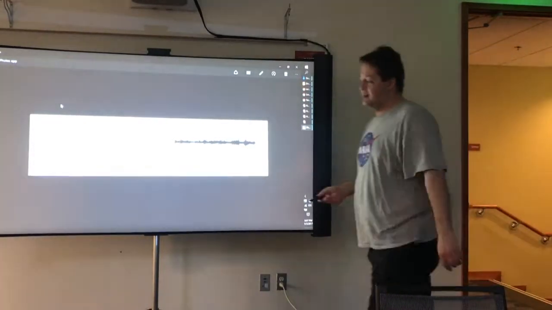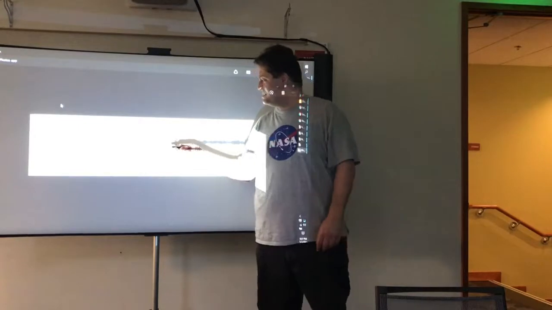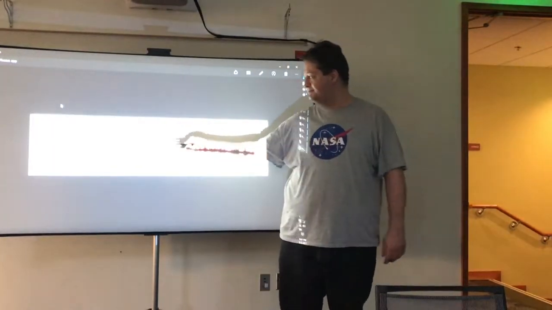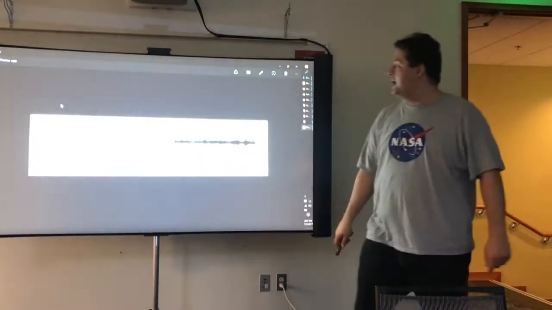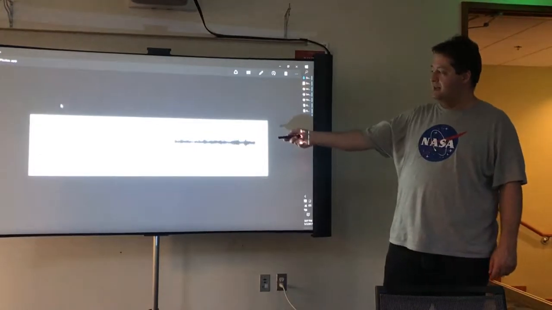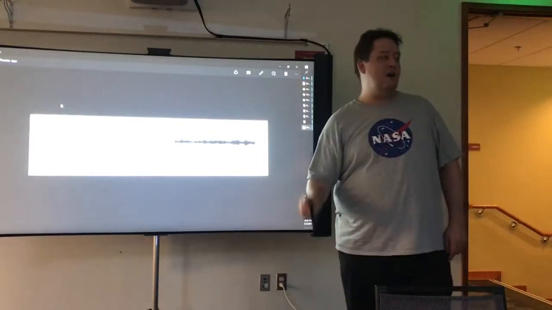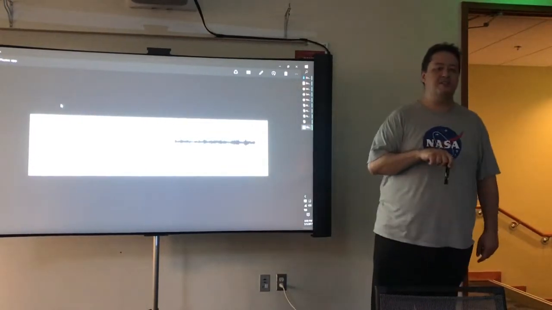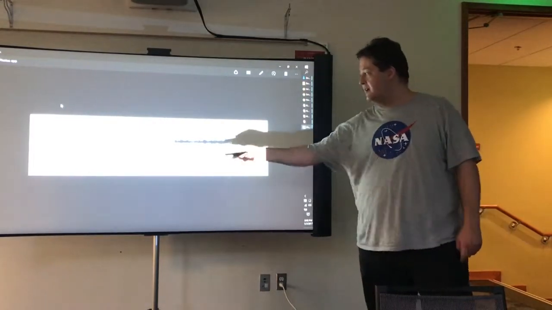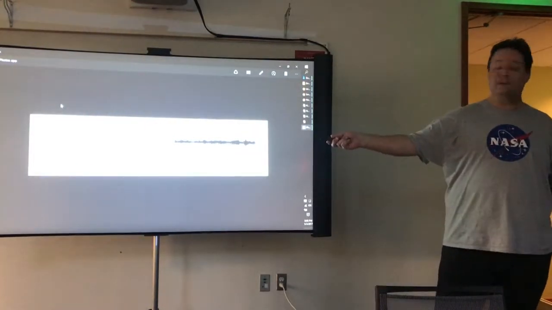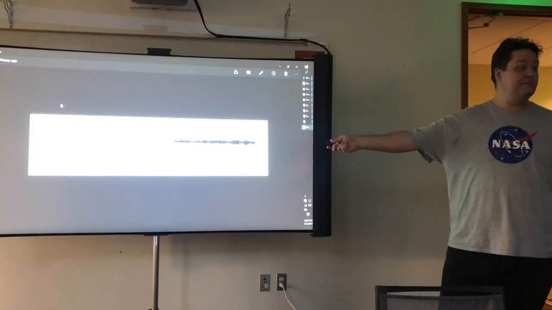So this is the last 50 or 60 years of the S&P 500. This is the percent difference of today's close versus yesterday's close. These graphs look considerably different. This is just a waveform.